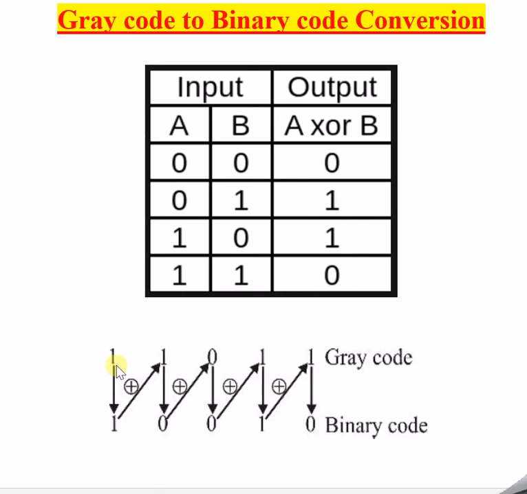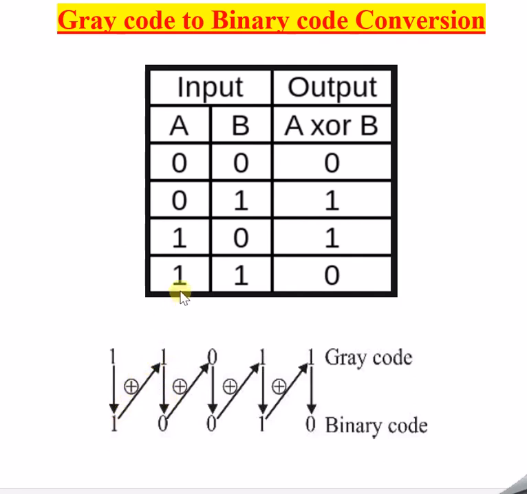Then, in a simple way, start from the left side, the same way we started from left to right when converting binary to gray code. In a similar way, gray code to binary is also simple. So write the first 1 as it is, because you cannot add a single digit. Then you add 1 and 1.